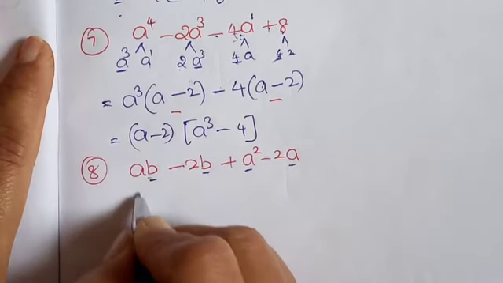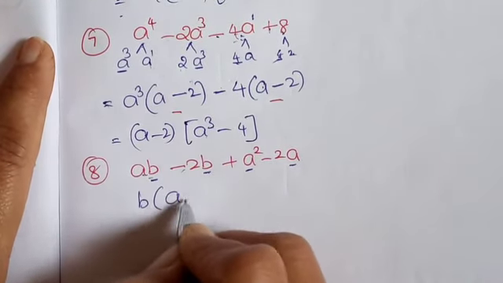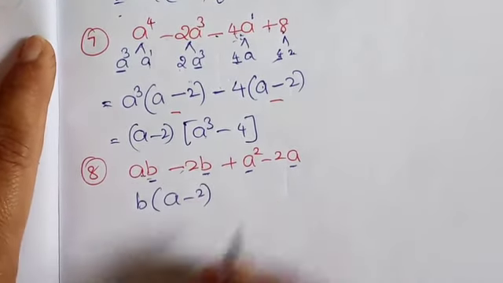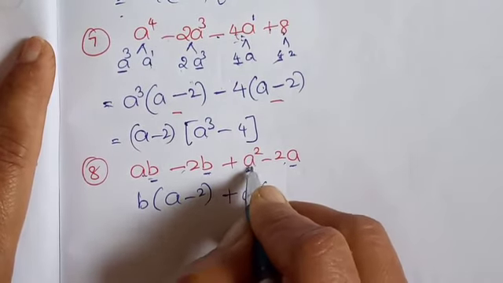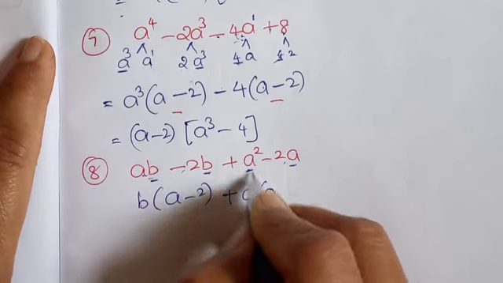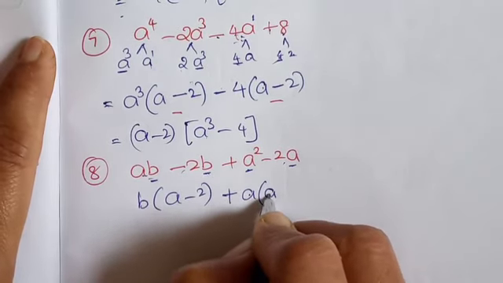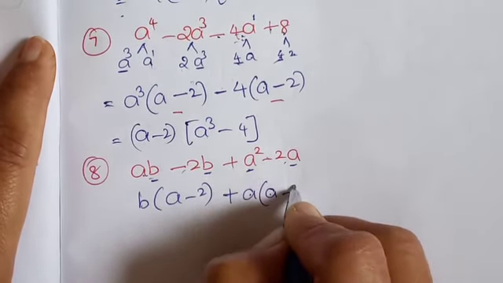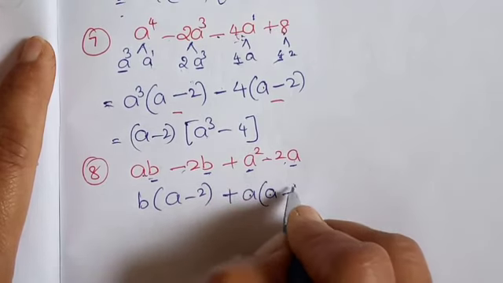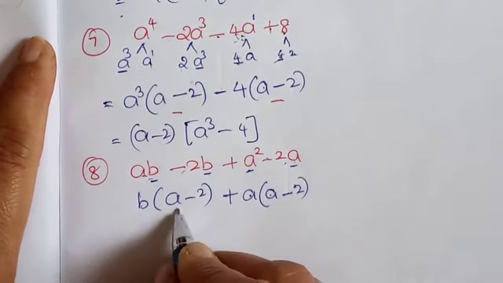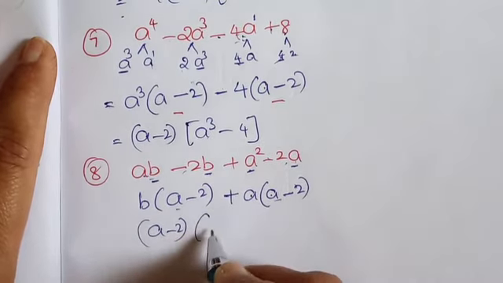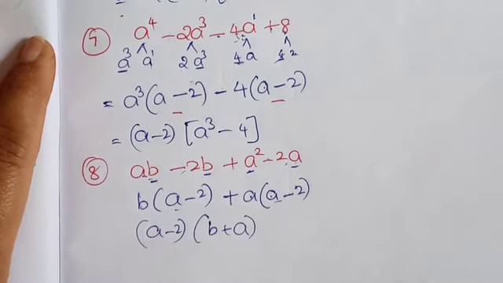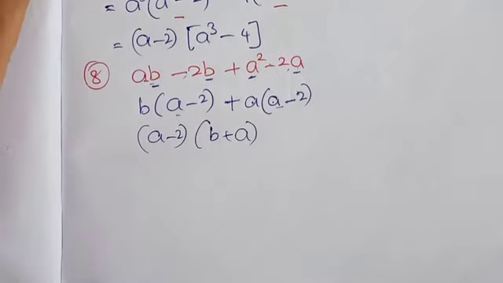So b I am taking directly, (a − 2) will be left, plus a is common. Here 2 a's are there. 1a I took out, 1a will be inside. Minus, and a is taken out, 2 will be left. Again (a − 2) common. What is left? b + a. That's all. Very simple.